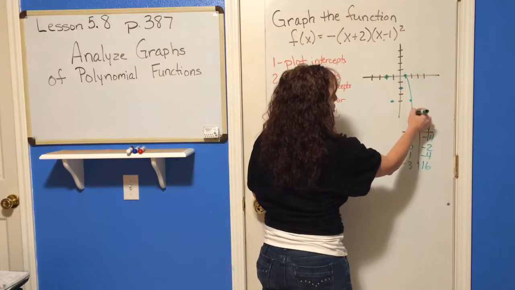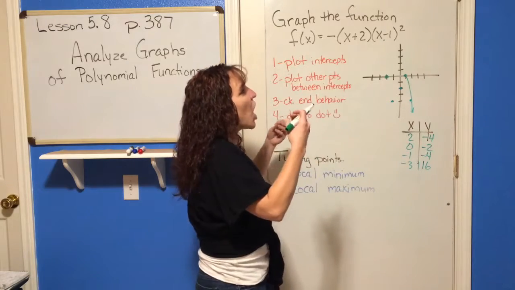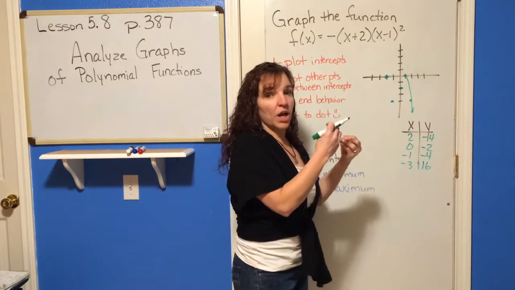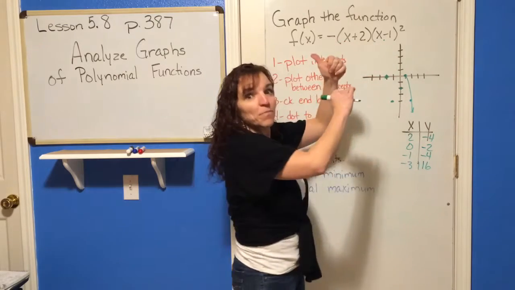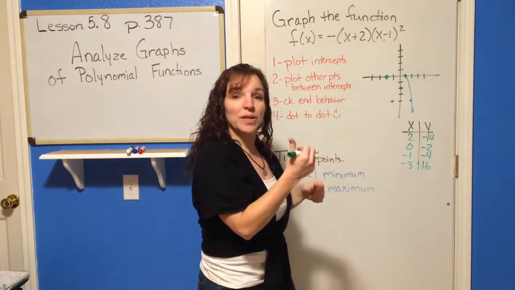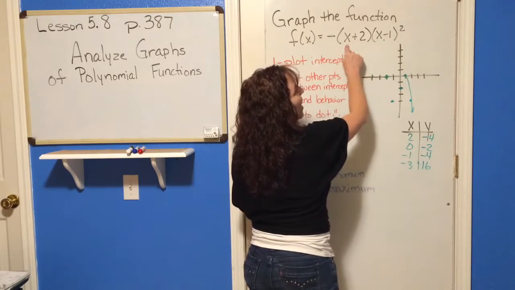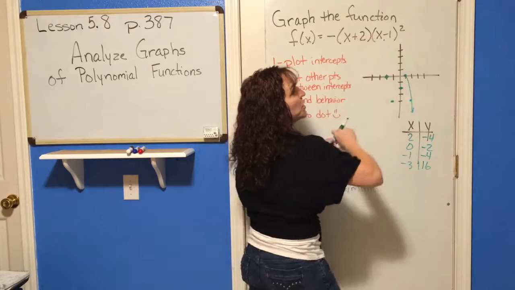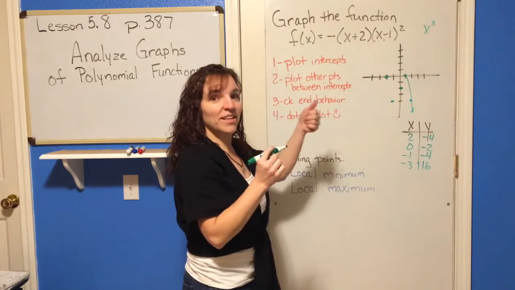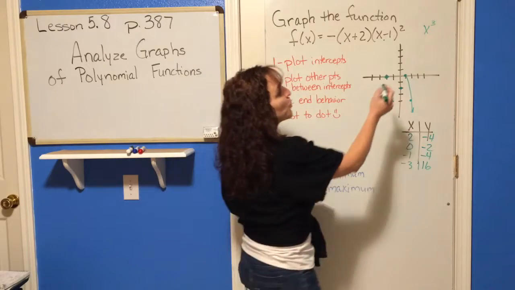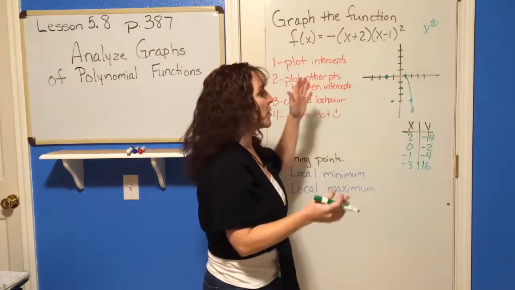So that's correct. And we said that if the leading term is odd, the degree is odd. What we've got here is x squared and another x, so we've got x cubed as our leading term. So 3 is our degree, so our degree is odd. So we're going to have one end going up and one end going down.